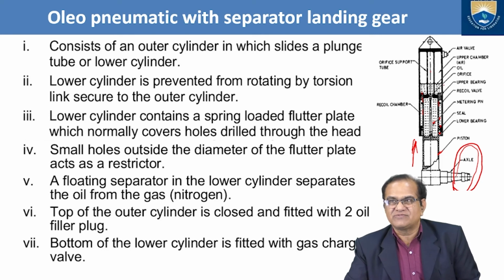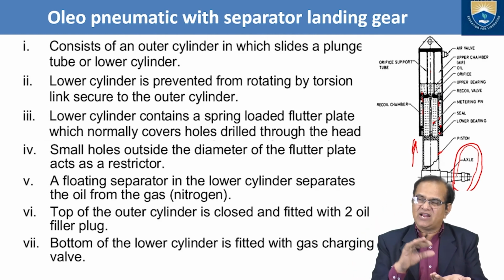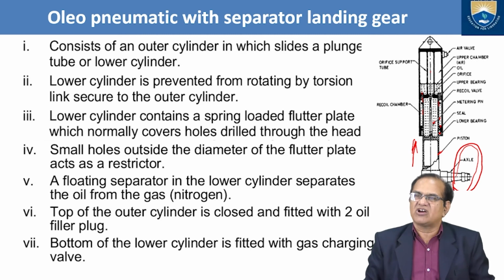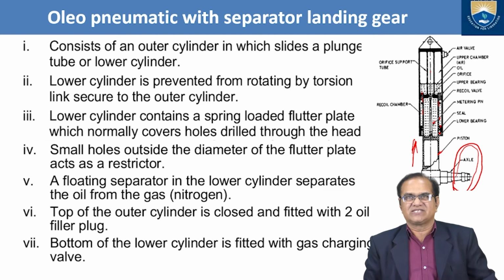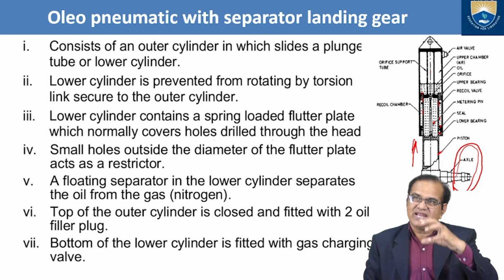So the shocks are absorbed by transferring the energy from one medium to another and from another to another. Like this, the transfer of energy in shock absorbers takes place. So it is called the Oleo pneumatic with separator landing gear. In this, the air and the fluid are separated.